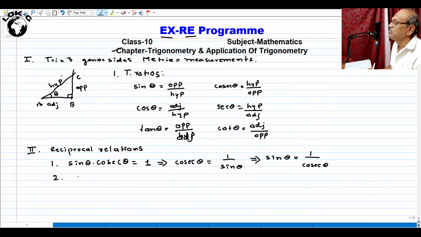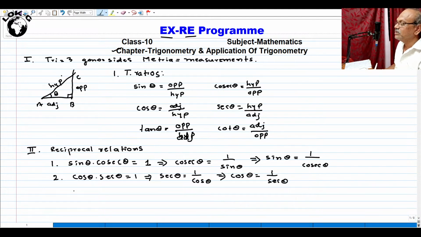Another set of relations: cos theta into sec theta is equal to 1. If you take cos theta to the right, you get sec theta is equal to 1 upon cos theta. If you take sec theta to the right, you get cos theta is equal to 1 upon sec theta. These are reciprocal relations.